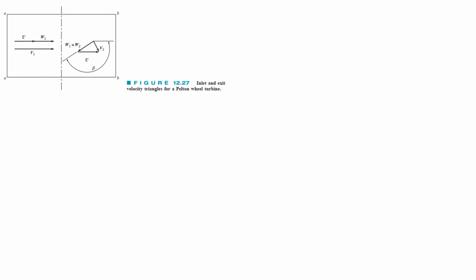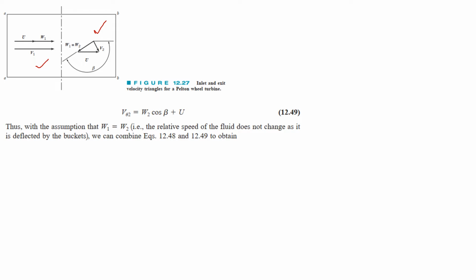Again, we are going to use this diagram, figure 12.27, and on the left-hand side you can see the vector conditions of velocity at the inlet, and then the velocity triangle at the outlet. We wrote an equation for the inlet condition, and that was v theta 1, which was equal to u plus w1.